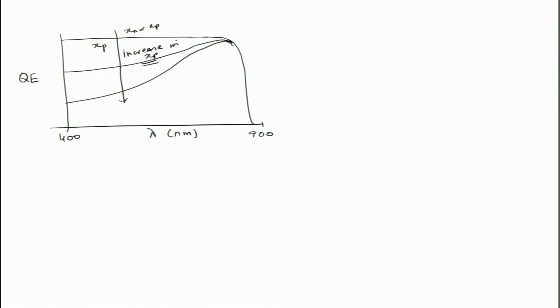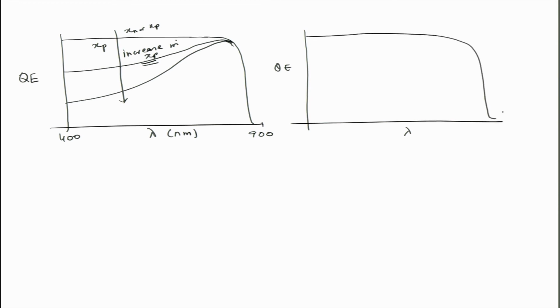This is true for certain cases, it may not be true for all the cases. And then we have, for example, surface recombination velocity. If you plot it as a function of lambda, so if you have low Sn, then your curve is like this, but if your Sn increases, the curve tends to be like this. So you can have curves like that.